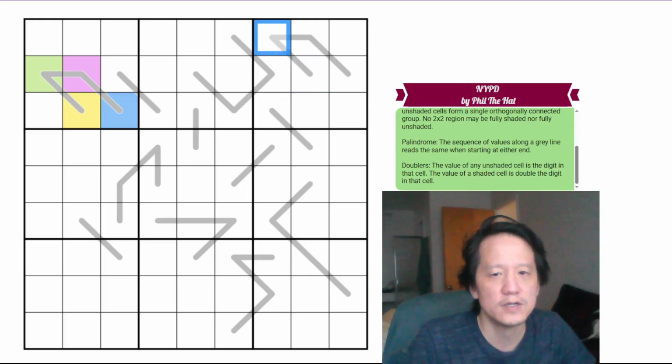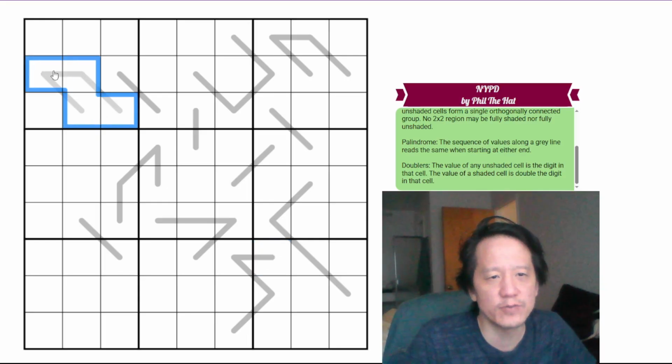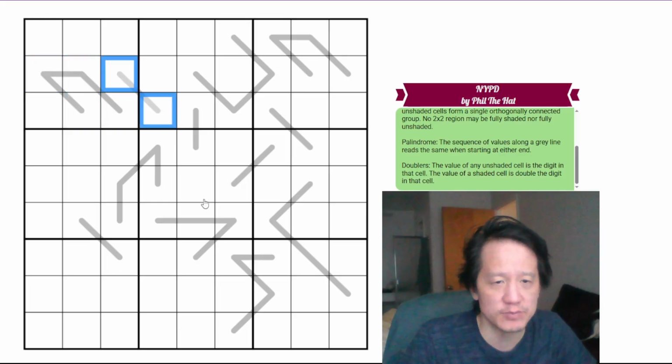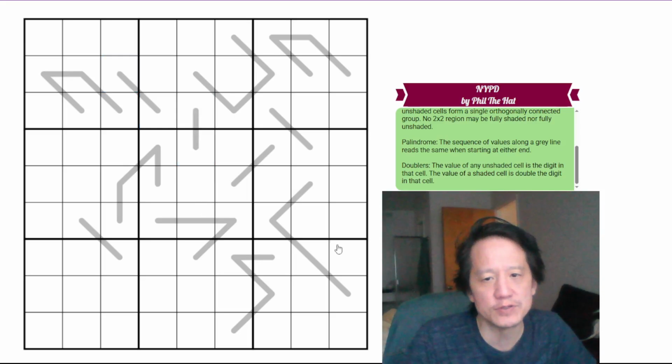So what do we know? We know these have to be some shading 2 and 2. How do we mark that? This must be split up. These could be exactly the same digits, so that's fine. These have to be split up, so this has to be a different shading, guaranteed.